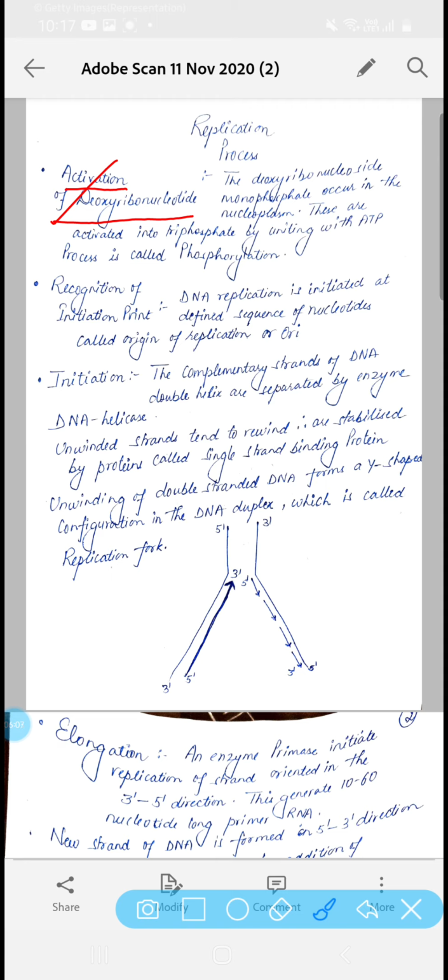It means we are talking about the DNA nucleotides. The deoxyribonucleoside monophosphates are basically present in the nucleoplasm.